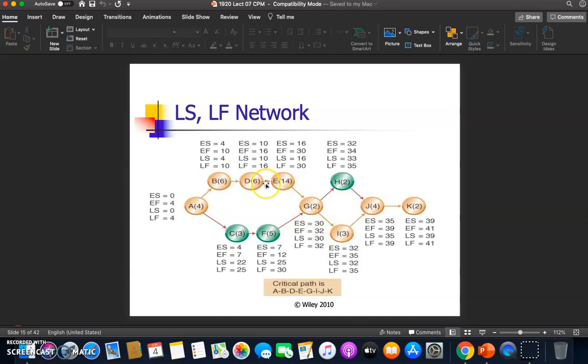This is the critical path of this project. So this critical path cannot be delayed. Cannot be delayed. So latest start and latest finish are fixed. As you can see, earliest start, earliest finish, latest start, latest finish are the same.